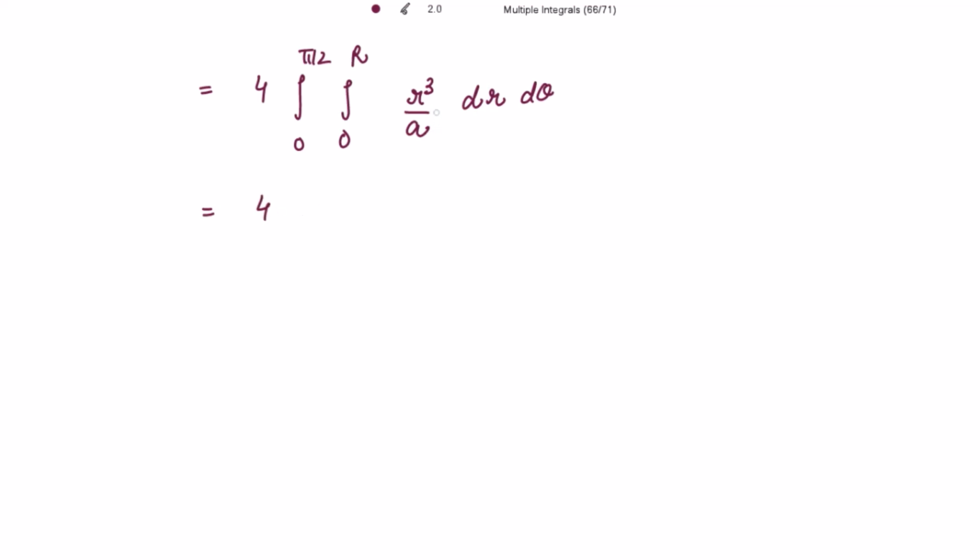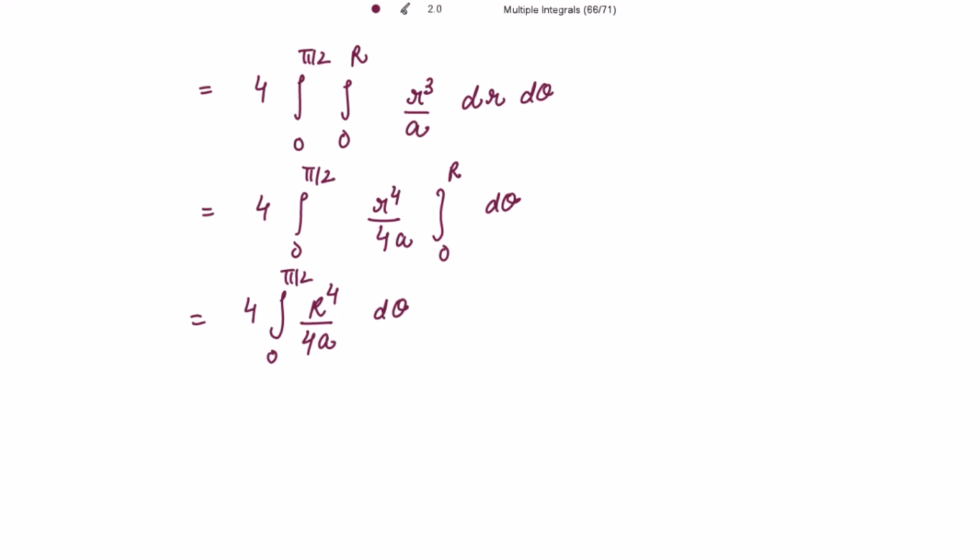And then integrating with respect to r, we get r⁴ over 4a, with limits from 0 to capital R, d theta. So this is 4 times R⁴ over 4a minus 0, from 0 to pi by 2.